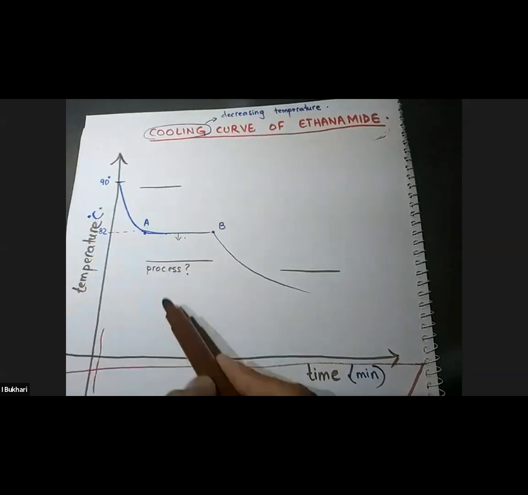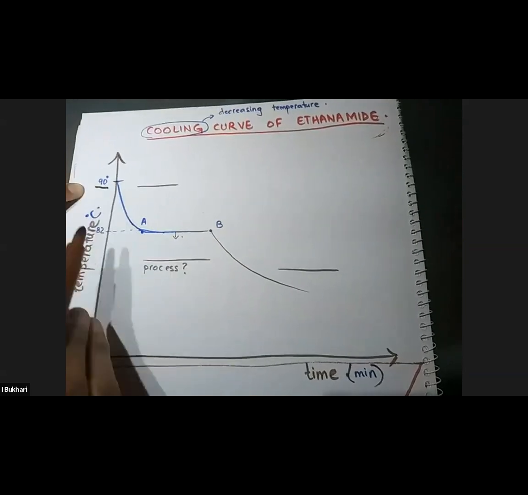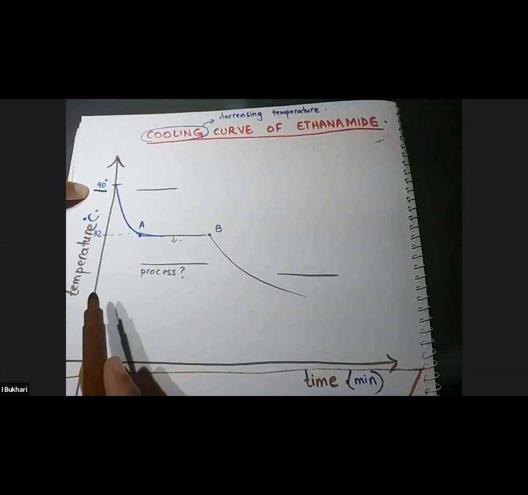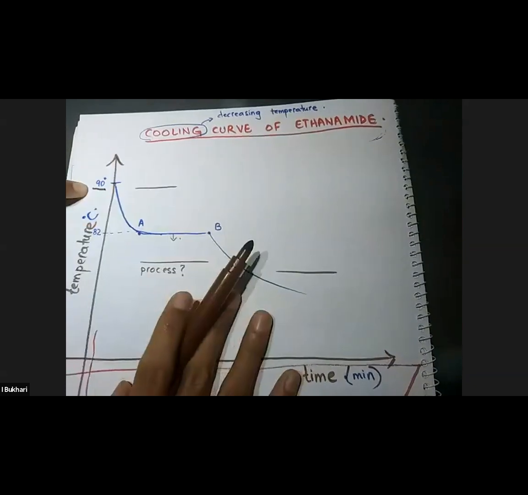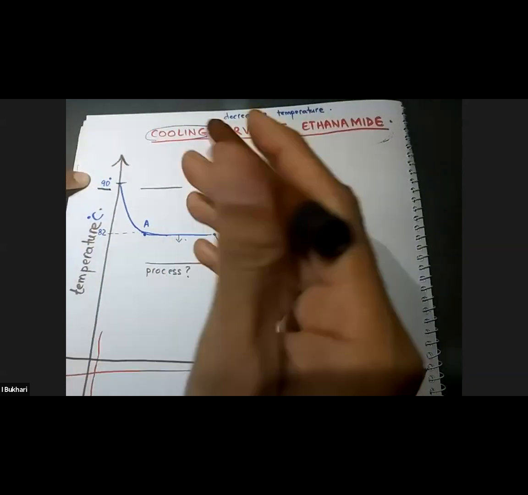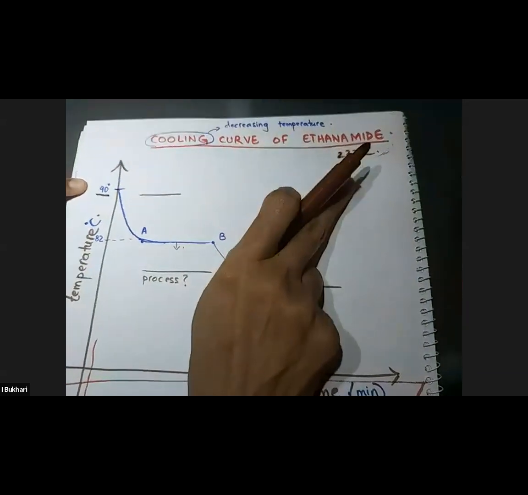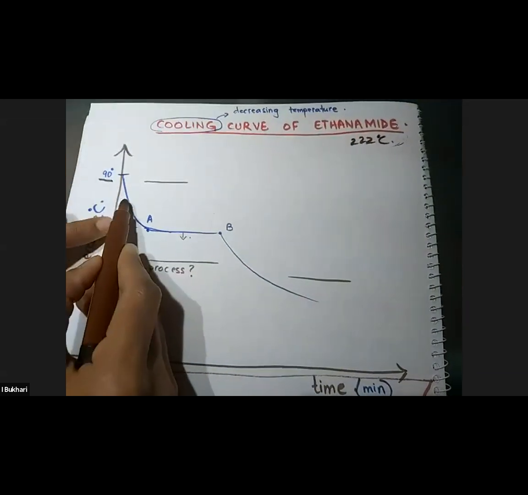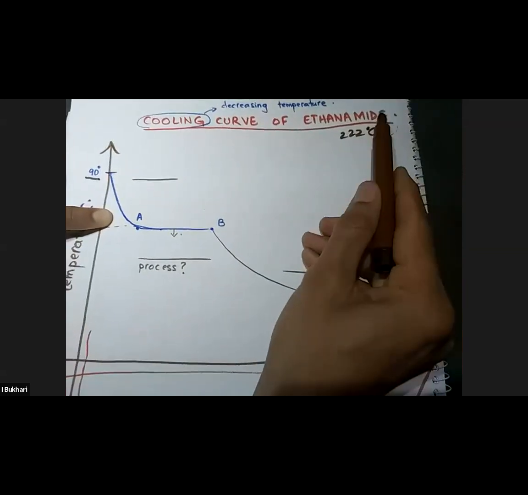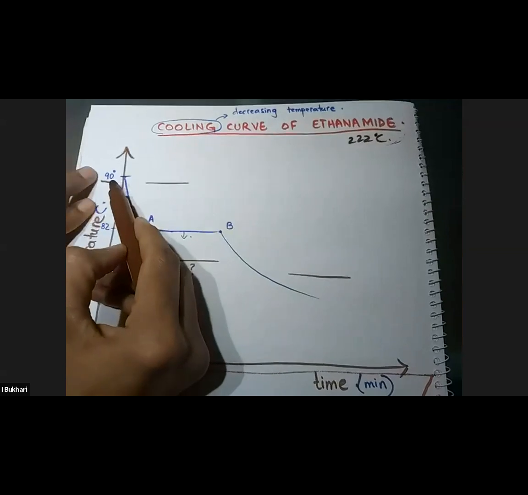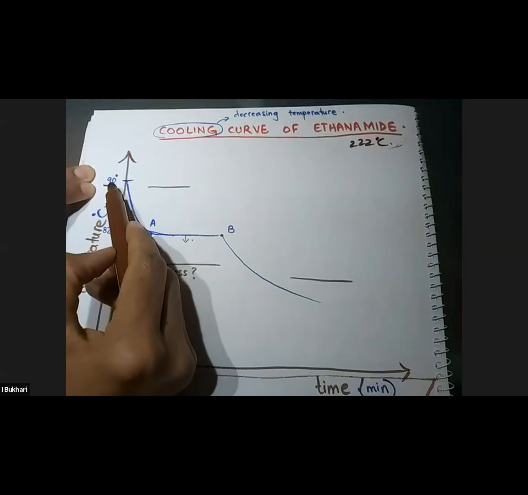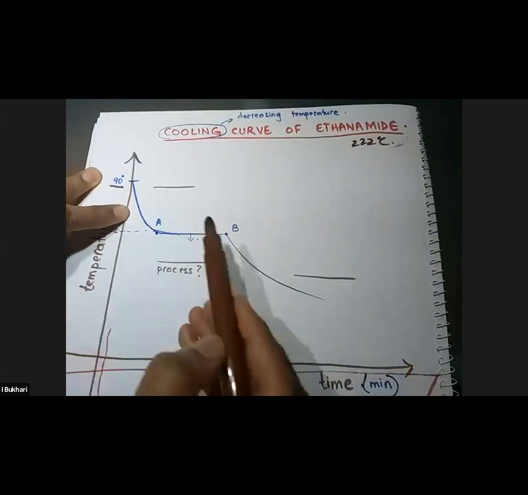This graph shows a maximum temperature of 90 degrees Celsius. So we cannot have the boiling point here, because the boiling point of ethanamide is 222 degrees Celsius. So that's pretty high. We cannot be between liquid and gas because the maximum temperature this graph shows is 90. So we must be between liquid and solid.